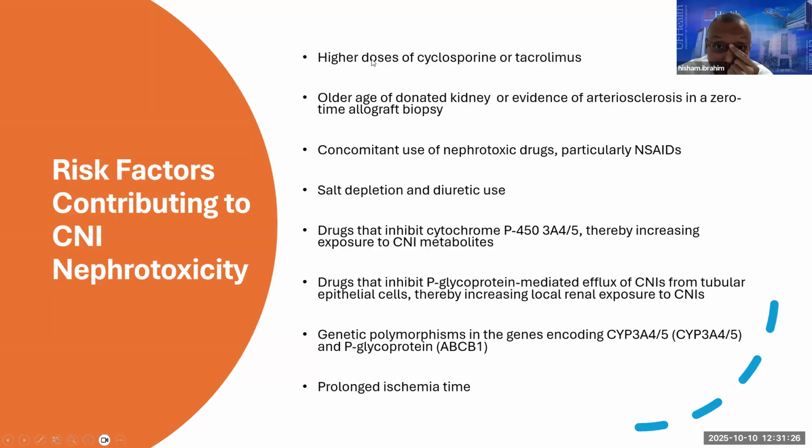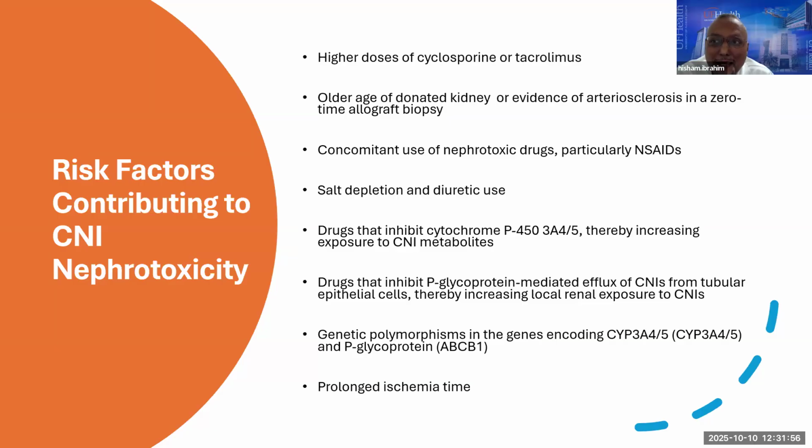Of course, the higher the dose of the CNI, the more toxicity you get. This is partly why we see it very commonly in cases where we have to use much higher doses, like heart and lung. Our target troughs are much higher in those cases, so they're more at risk for developing CNI nephrotoxicity.